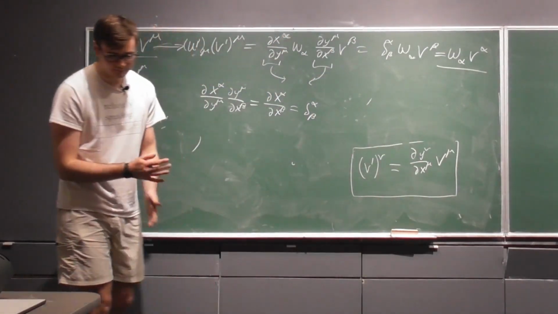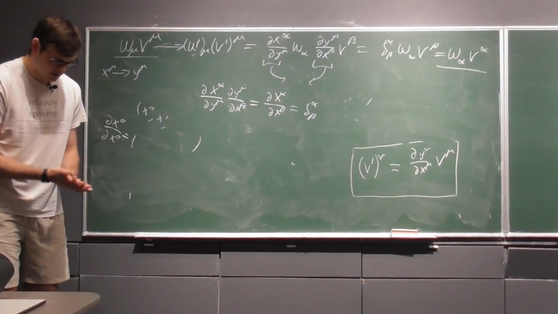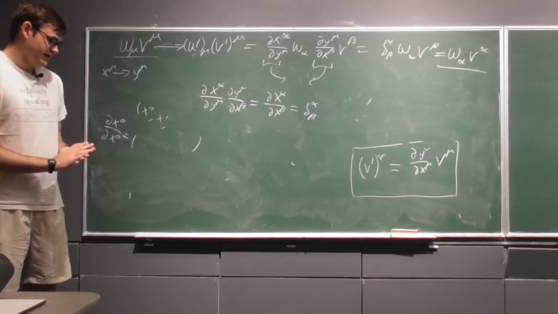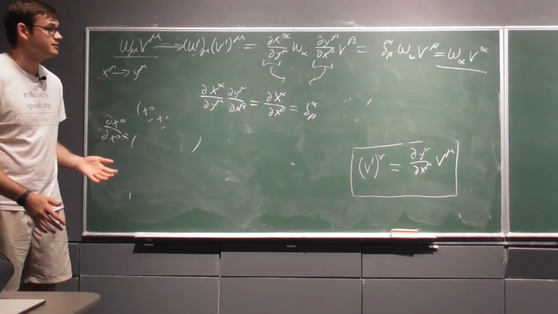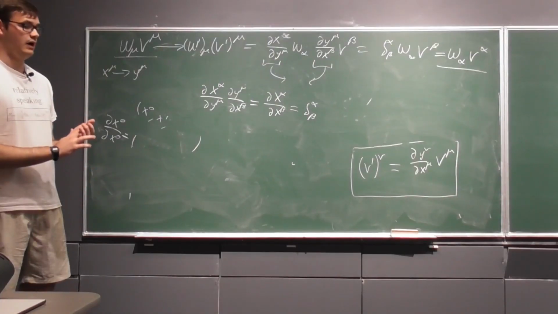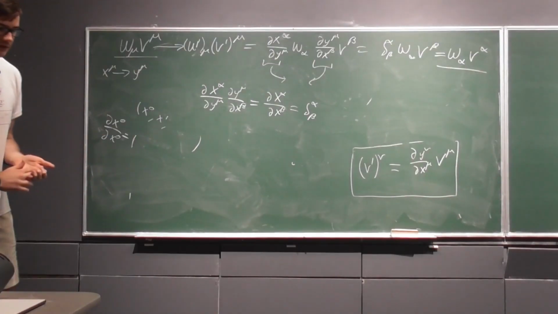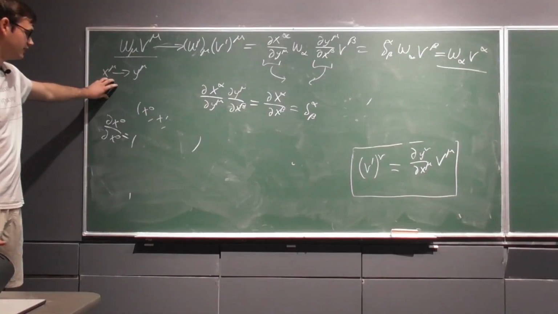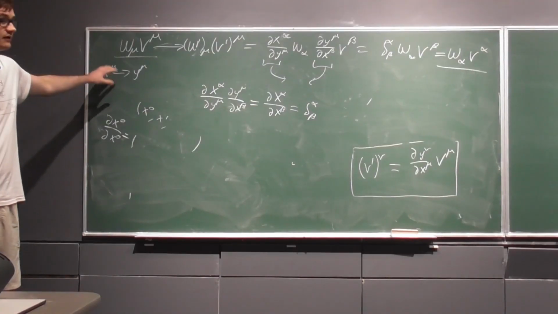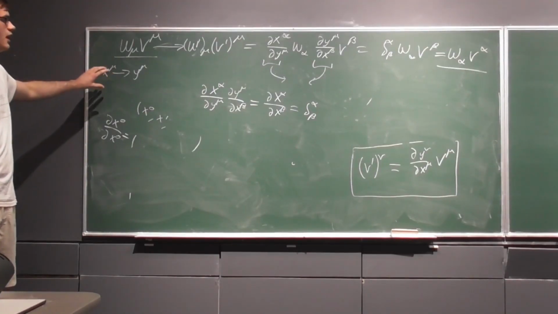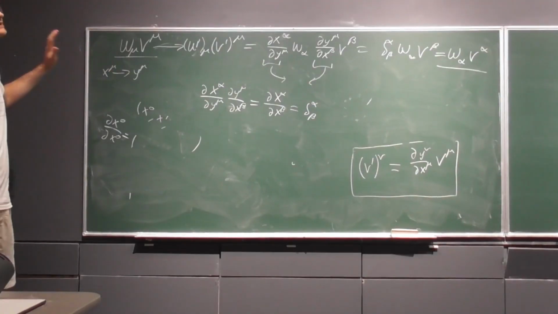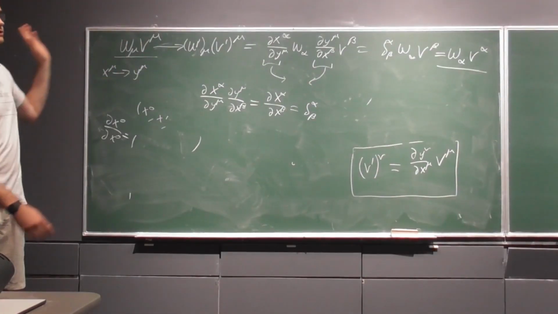Now, this is great because of the principle of general covariance. There are two postulates of GR. There's our principle of equivalence, which I talked about, and then the second postulate of special relativity, which says the laws of physics must be the same in all inertial frames.